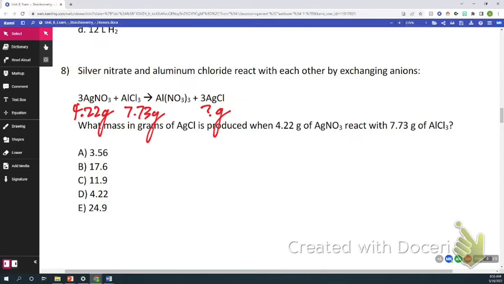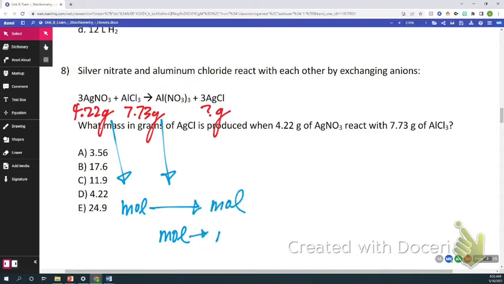So we're good, yeah? How would you go about doing this? All you have to do is change both of the grams to moles. Just do mole ratio to get moles here and moles here.